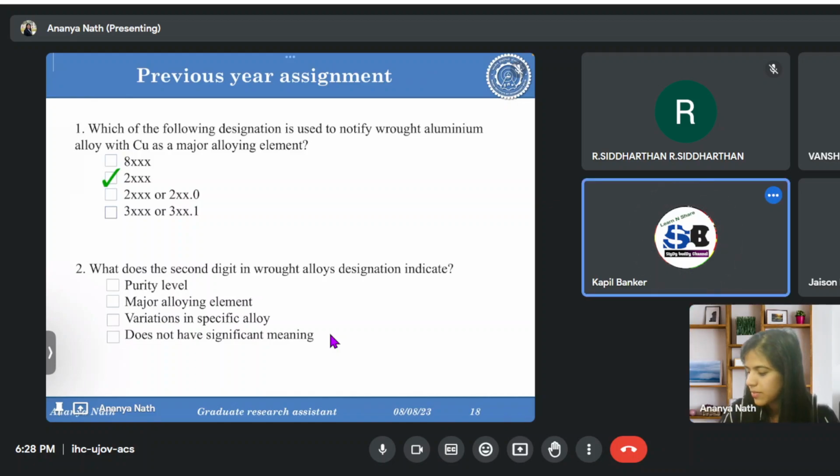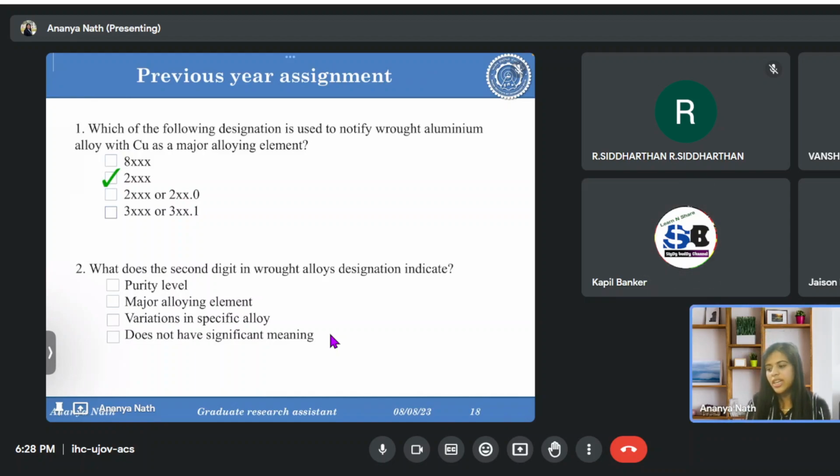Purity level, no. Wrought alloys are like 1000, which is the purest aluminium, and sometimes the last two digits are used to indicate the purity level, like 99 point something percentage.